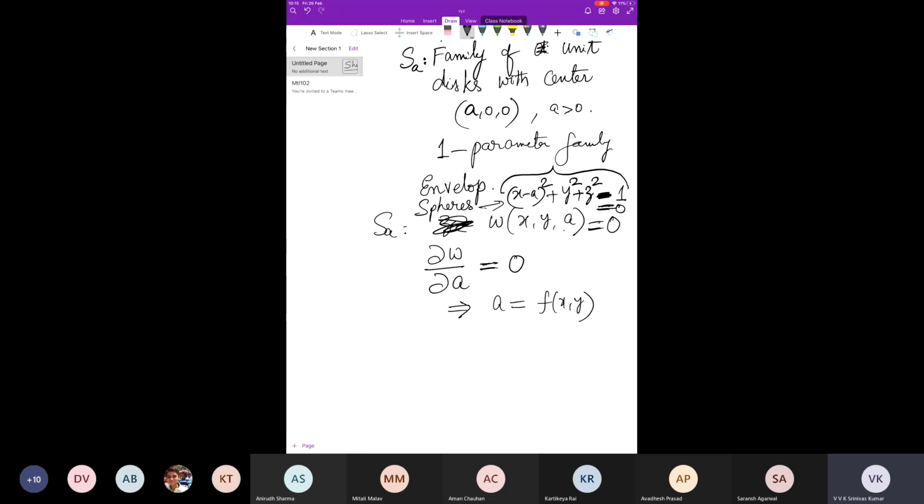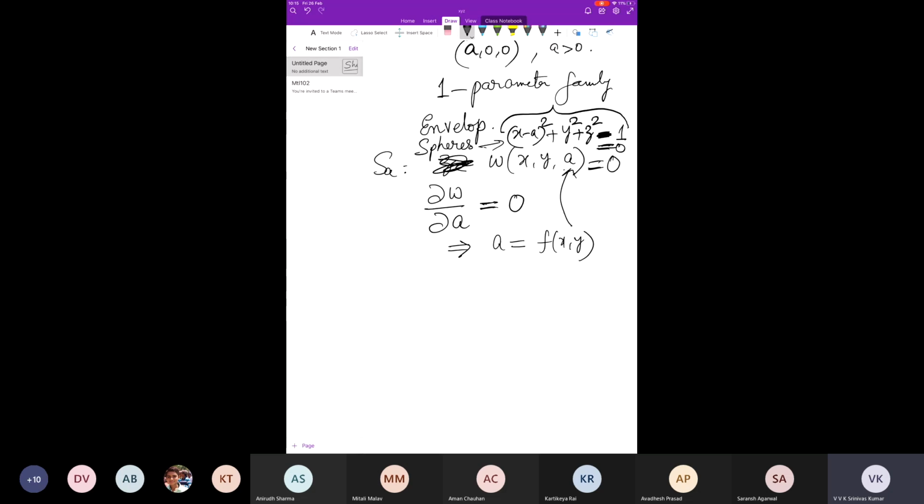After solving this equation you get a in terms of x, y. We'll demonstrate that, and now substitute here to get the envelope.